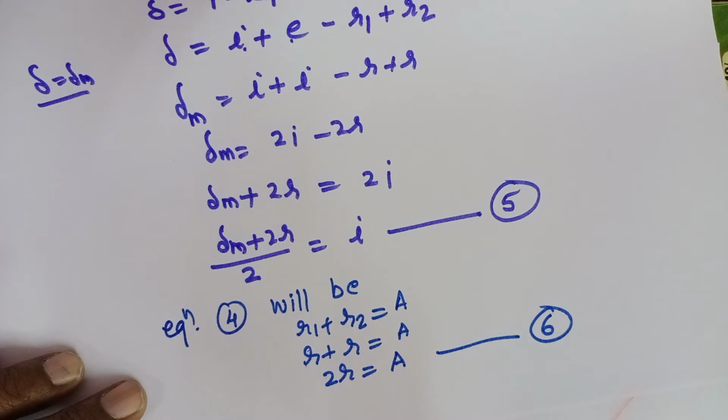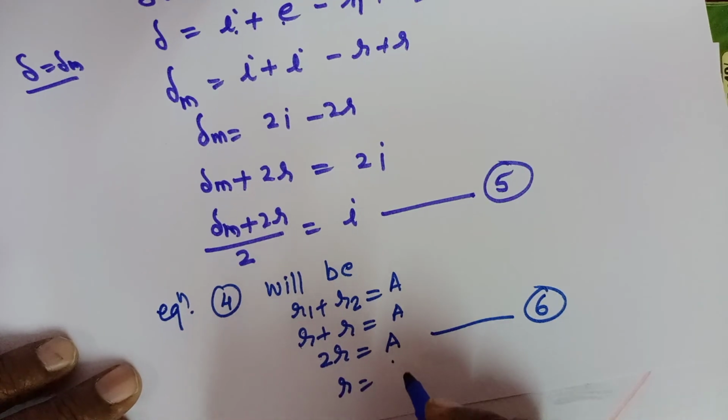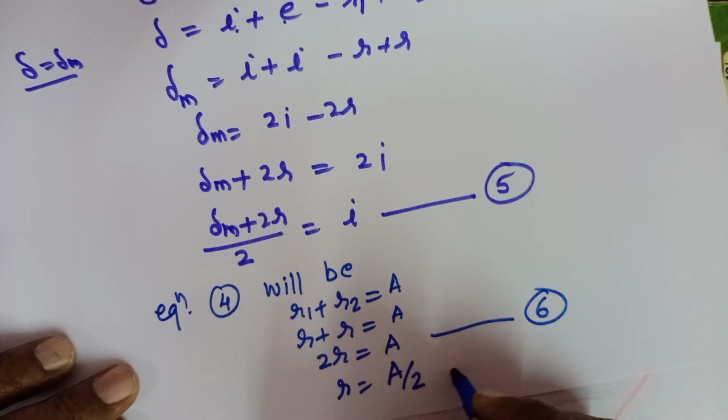So now we have angle A, and we can say that R equals A by 2, equation 7.